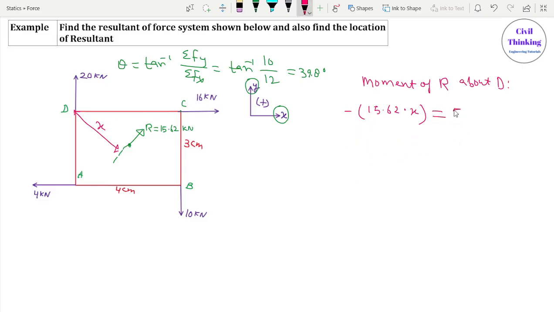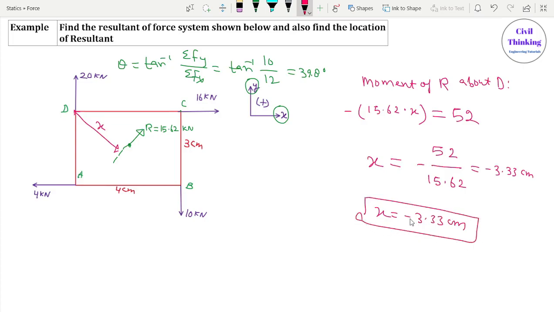It is negative 52 divided by 15.62. Okay, so let me use the calculator. It is approximately negative 3.33 centimeters. So x is negative 3.33 centimeter, right?